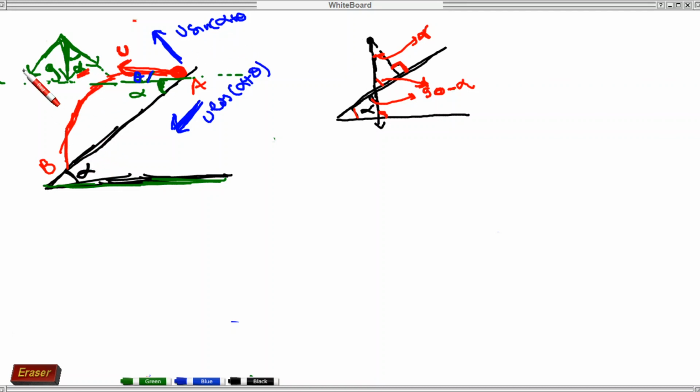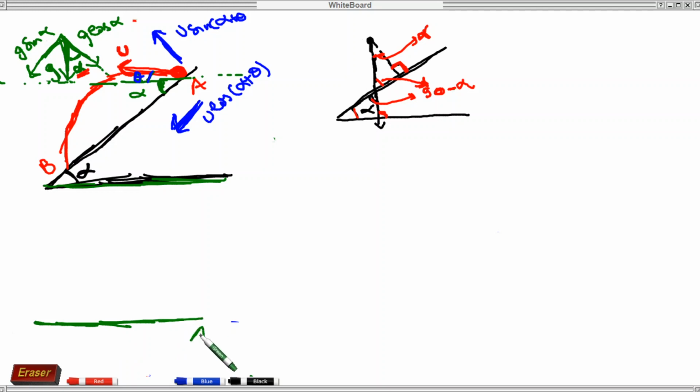So here the components will be g cos alpha and g sin alpha. If we simplify our diagram, it will look like this: this is our initial point, this is our end point, and this is our path.